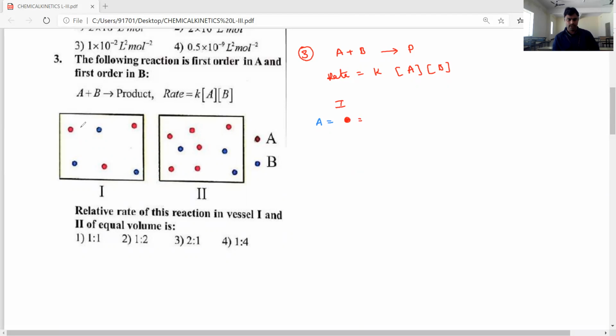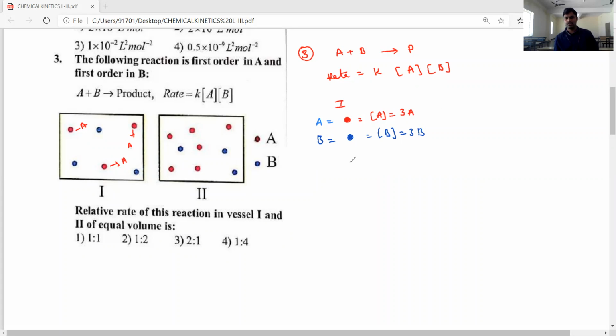This is A, this is also A and this is also A, so the concentration of A is 3A. Next, B is this blue color. How many are present? Equal to 3B, so the concentration of A and the concentration of B are both the same.